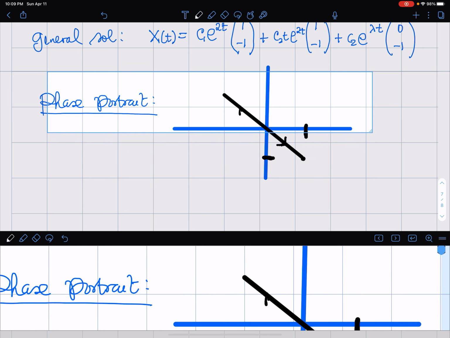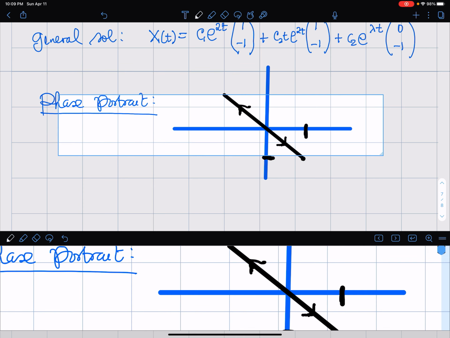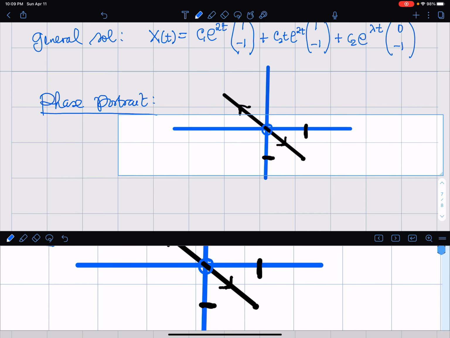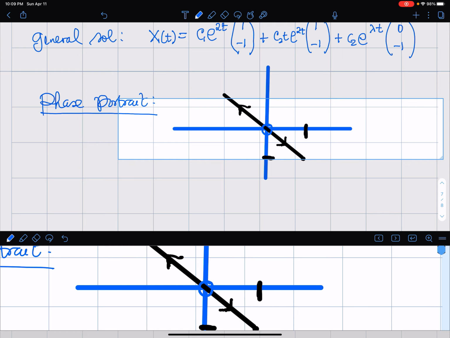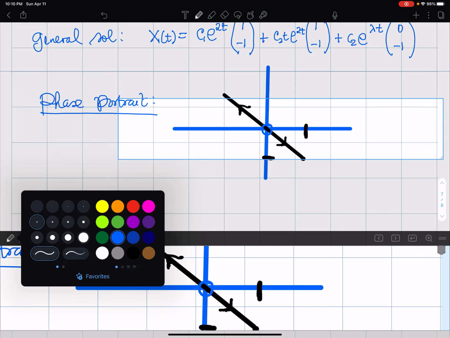Another thing we know is that the origin is a fixed point. In this case, the origin is an unstable fixed point, an unstable equilibrium, if you may. So trajectories are going to be trying their best to be parallel to this eigenvector and at the same time asymptotic to the eigenvector. So let's see what that means.